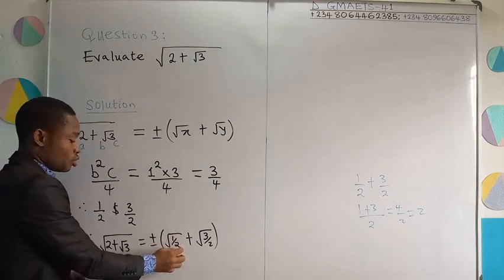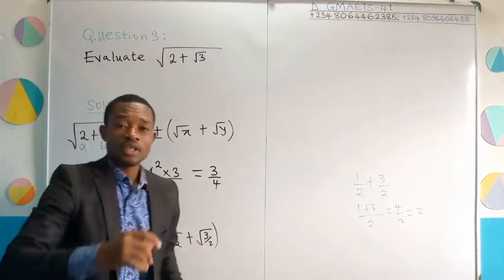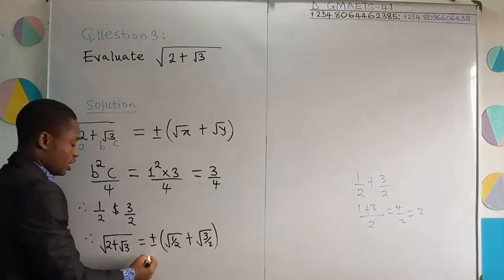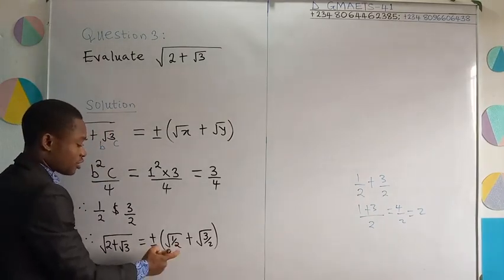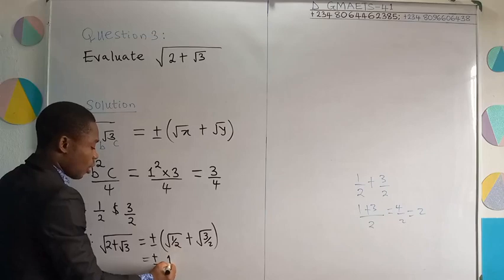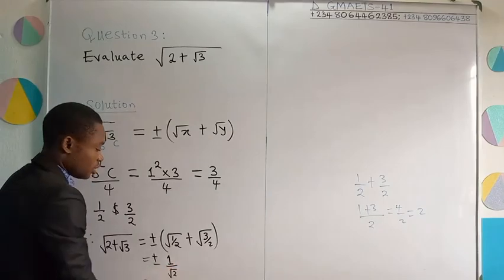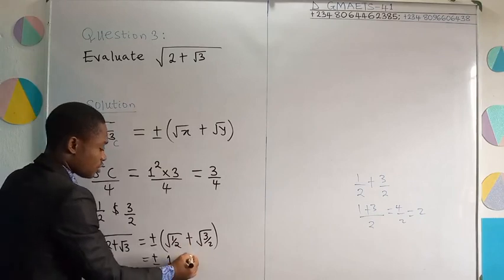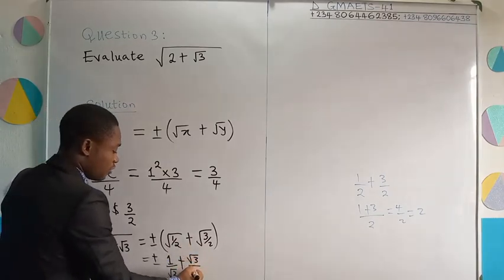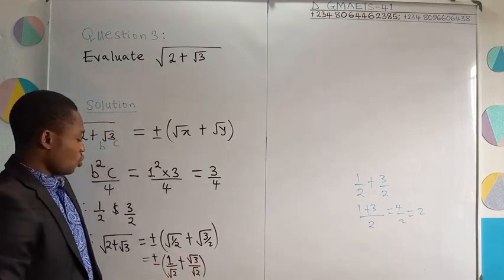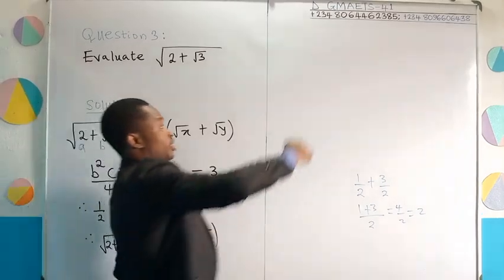Square root of 1 over 2, according to the law of surd, is the same as square root of 1 over square root of 2. And so we can rewrite this as plus minus. Coming to this, we have square root of 1 will give us 1, then divided by square root of 2. Then come over to this, you have plus root 3 all over root 2. So this is another form in which the answer can be written.